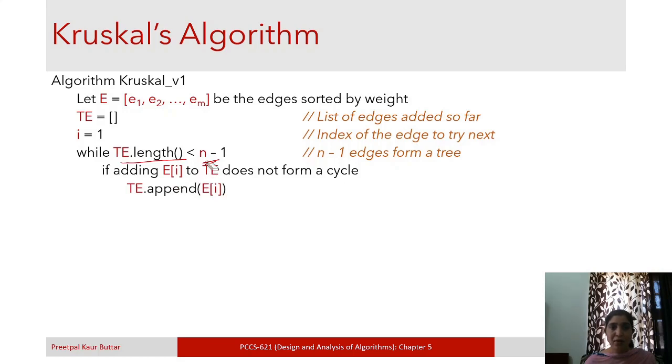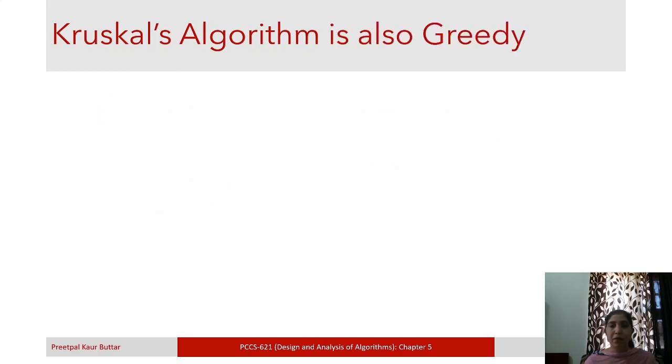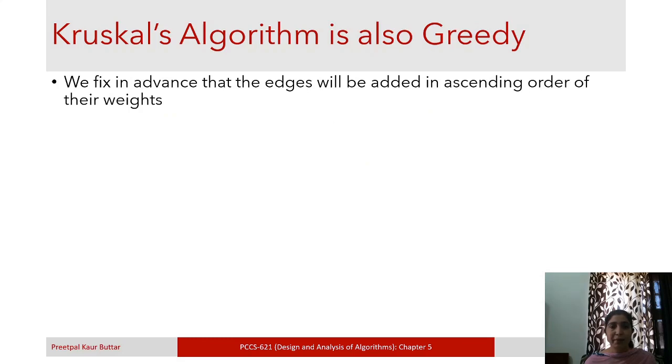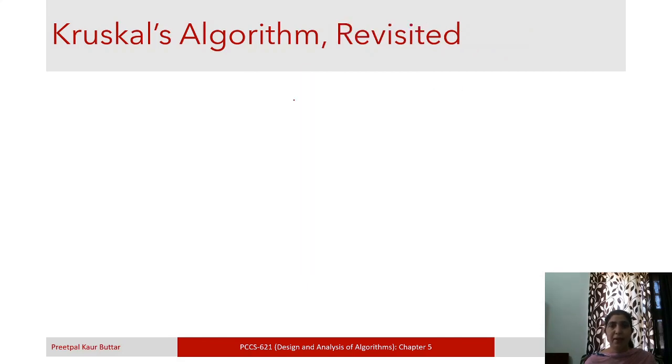Okay, so we will append that edge to the tree, and then we will move on to the next edge in the sorted list, and in this way we will keep on doing this till we scan across all the edges, right? Kruskal's algorithm is also greedy. Why? Because we fix in advance that the edges will be added in the ascending order of their weights.